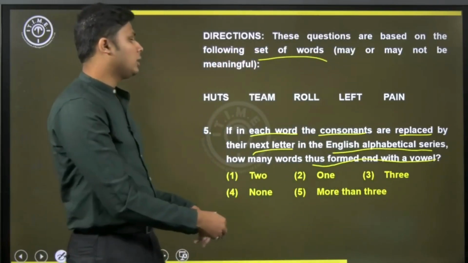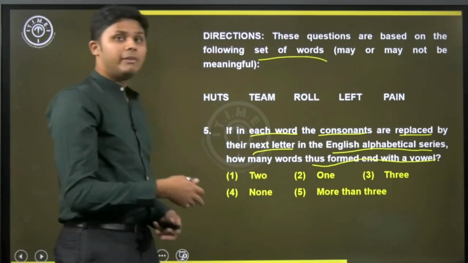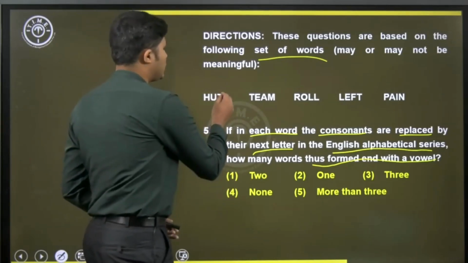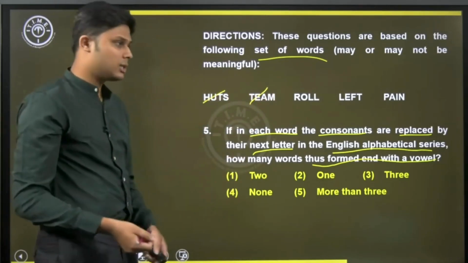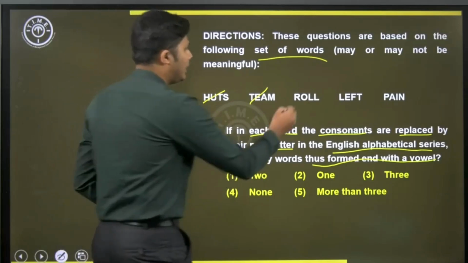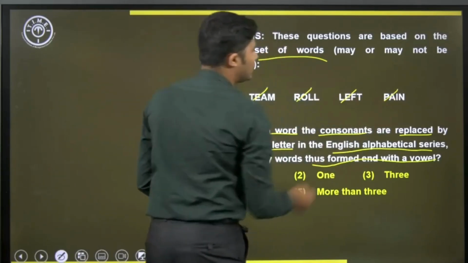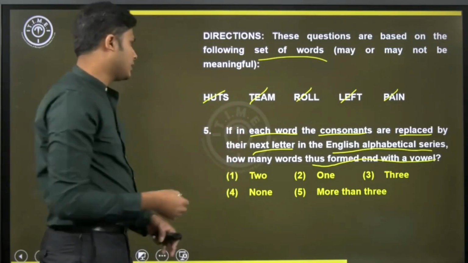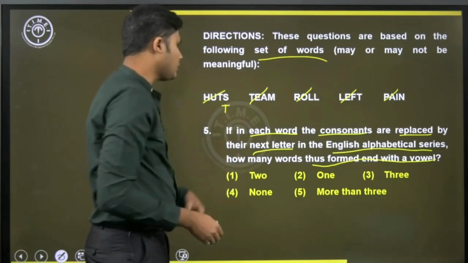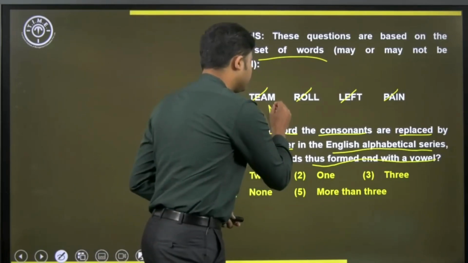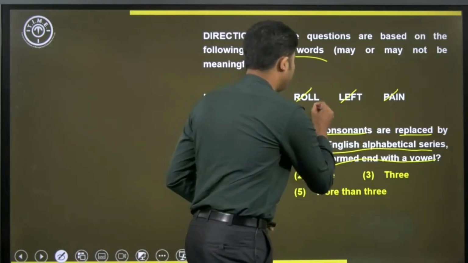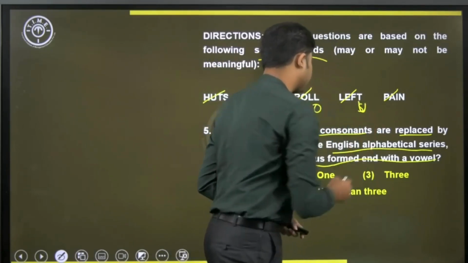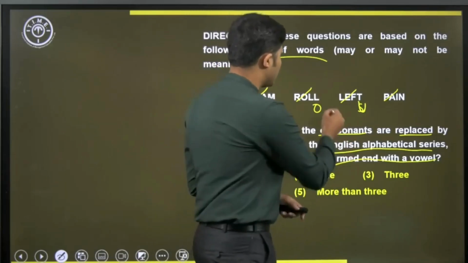Since we need to find the words which end with a vowel, we need not apply the condition to the first 3 letters in each of the words, as we have to check only the last letter, the end of the word. So on applying the condition to the last letter of each word, the next letter after S is T, and after M is N. Oh, sorry, I got it wrong.